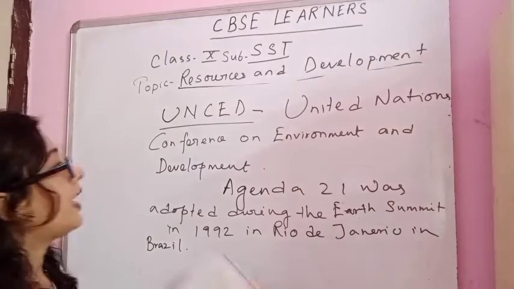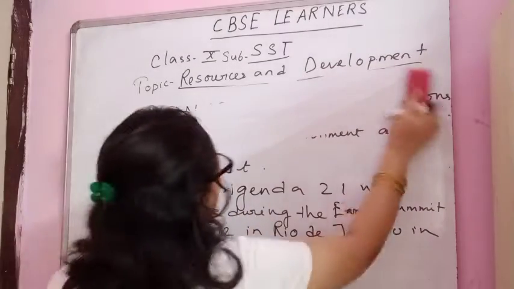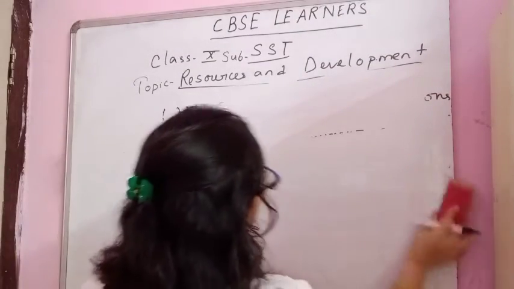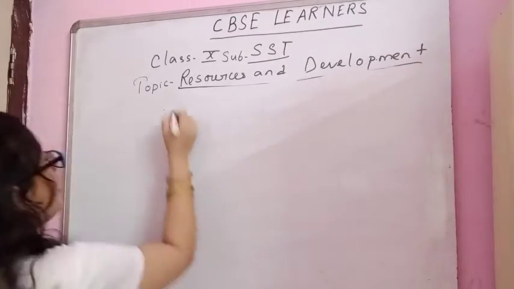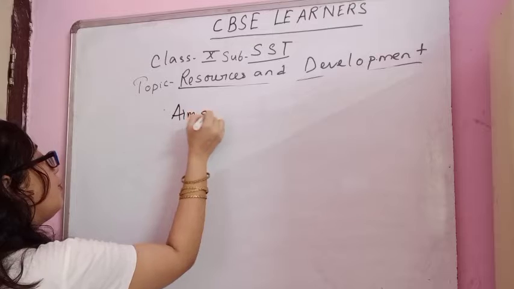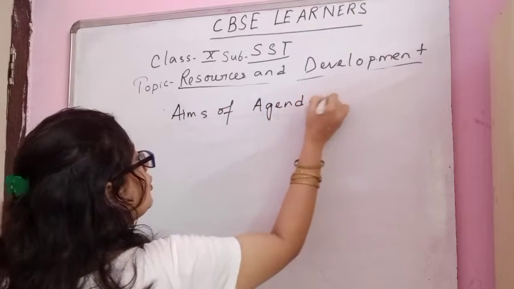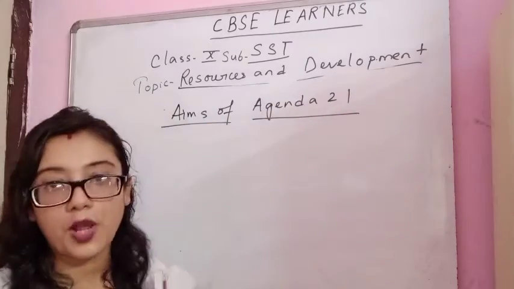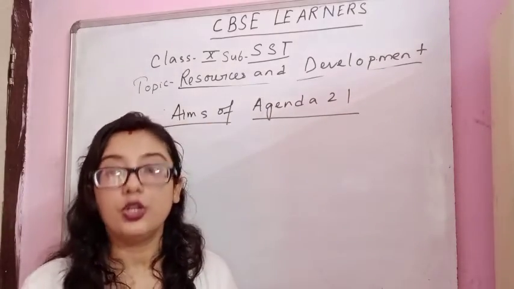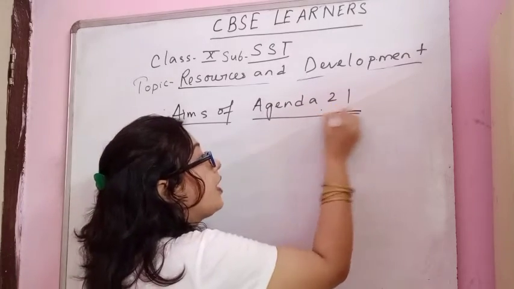Now, the aims of Agenda 21. I hope you understood why it is called Agenda 21: the list of programs to be done to attain sustainable development till the 21st century.